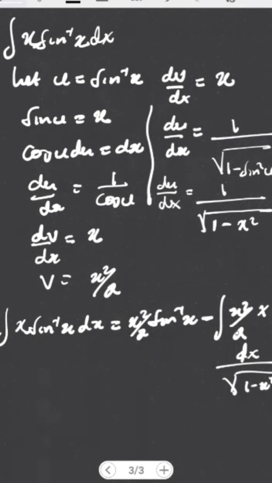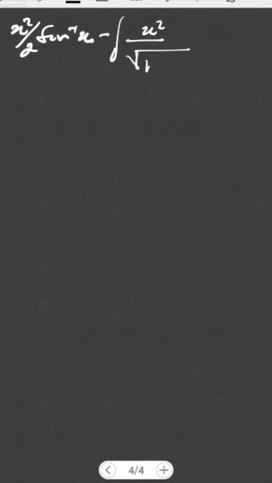I'm going to extract out the half. Therefore I have x squared out of 2 sine inverse of x minus the integral of x squared out of the root of 1 minus x squared, dx, but outside I have 1 out of 2, therefore this is going to be x minus 1 out of 2.